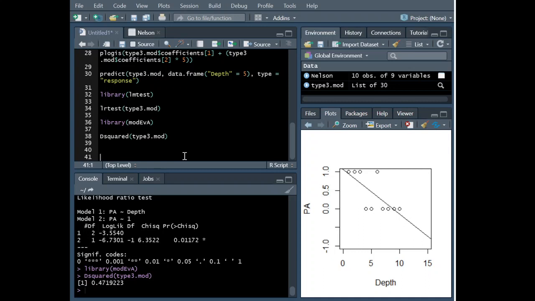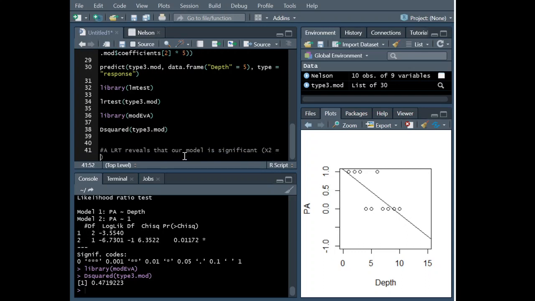We would report saying something like a likelihood ratio test reveals that our model is significant. We would report the chi-squared is equal to, what was it, 6.35. Degrees of freedom is equal to 1. The p is less than 0.05.